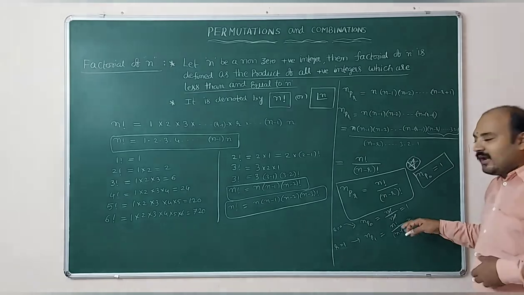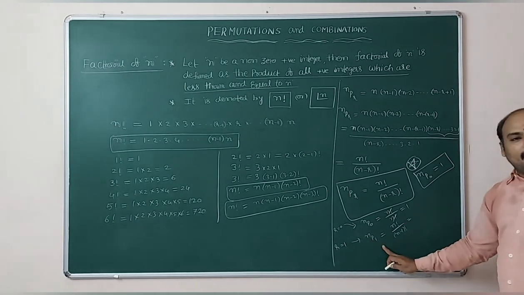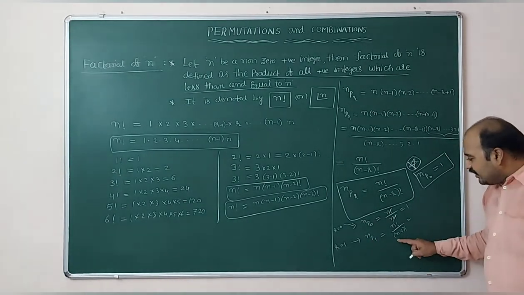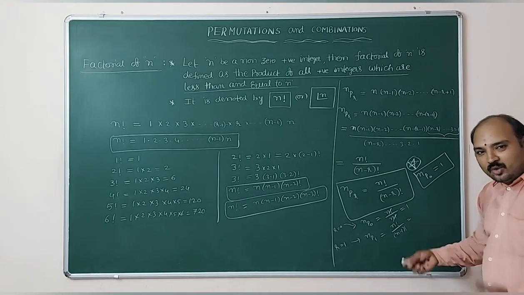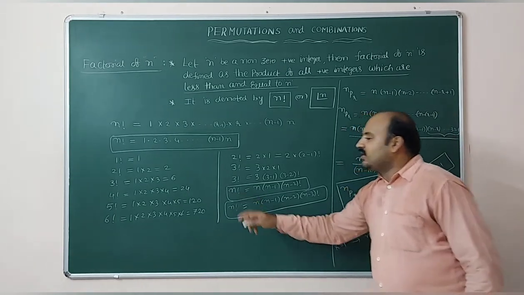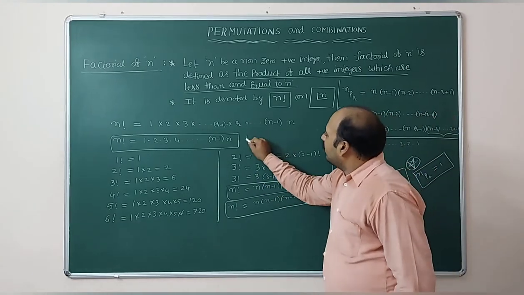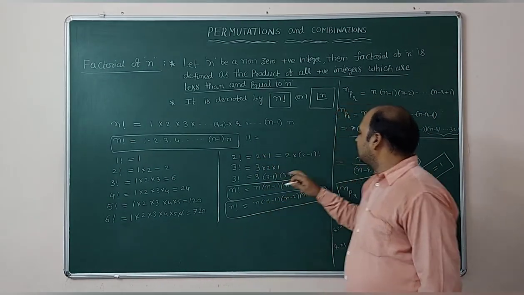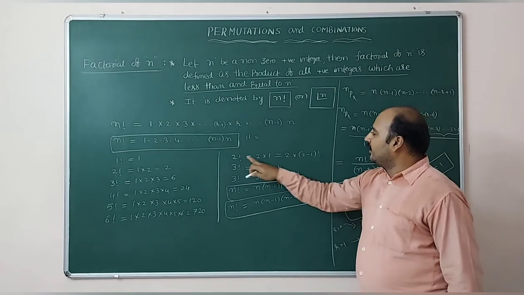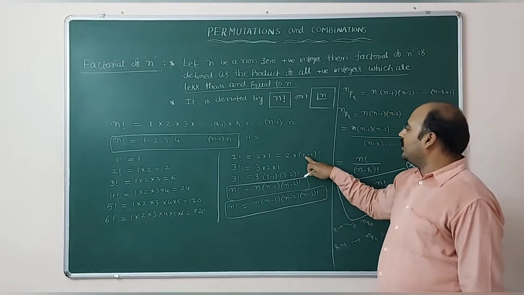See here, to calculate the nP1 value, the denominator n minus 1 factorial is there, no? So now I am writing n factorial in terms of n minus 1. Here 2 factorial can be written as 2 into 2 minus 1 factorial.